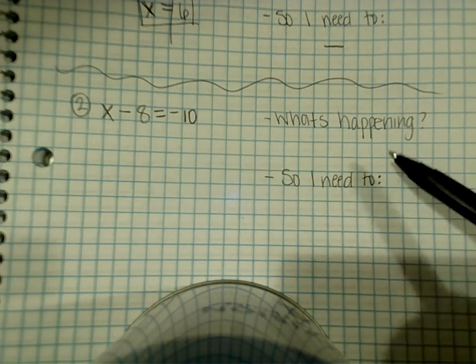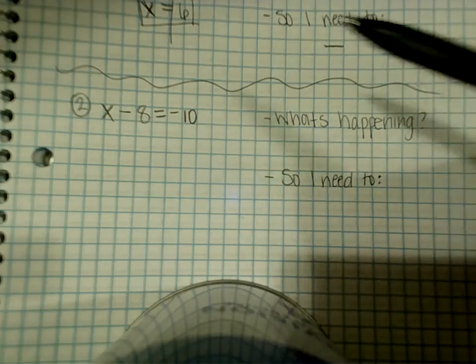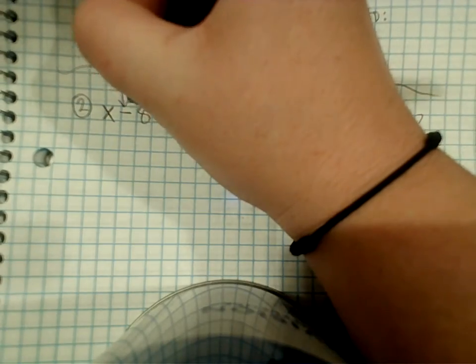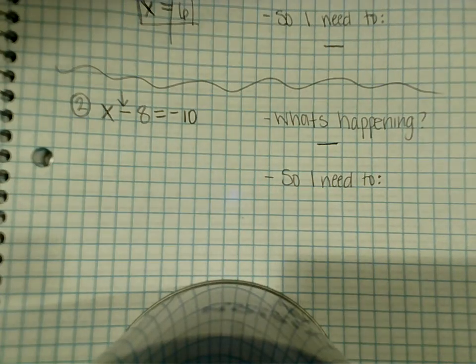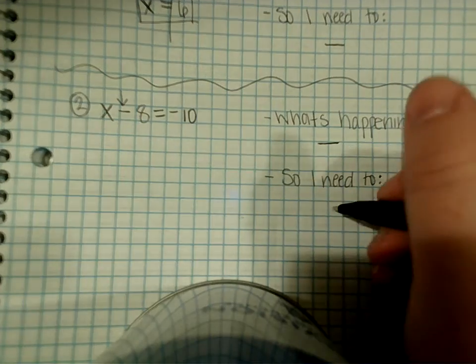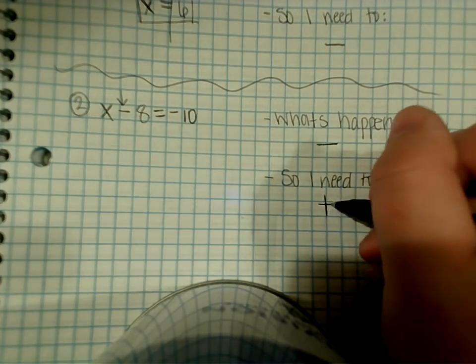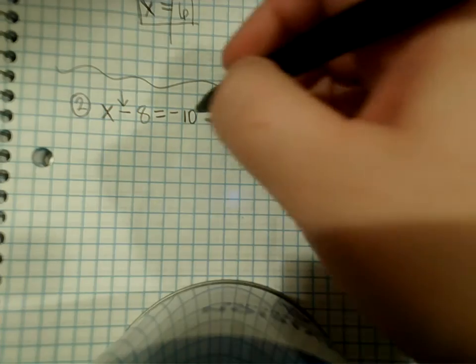What's happening in our problem right now? X minus 8. Well, we're subtracting. So what's happening right now is subtraction. So we need to do the opposite of subtraction, which is addition.